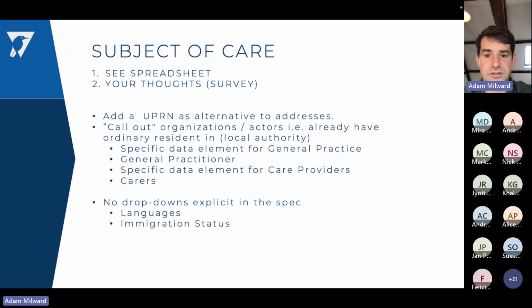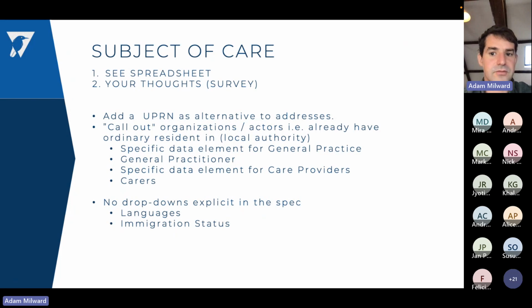One of the bits of feedback is, do we need specific data elements within the subject of care specification that really point people towards collecting information on the GP, the general practice, and a specific data element for care providers and carers? We've got the ability to link all of these bits of information, but should we really call that out explicitly? And there were some areas where we didn't have drop-down lists or coding standards for things like languages and immigration status, and potentially we were going to do a bit of exploration around that.